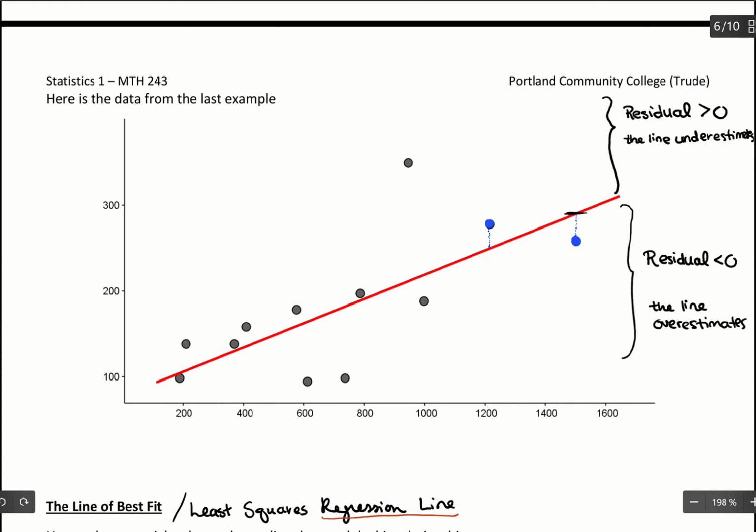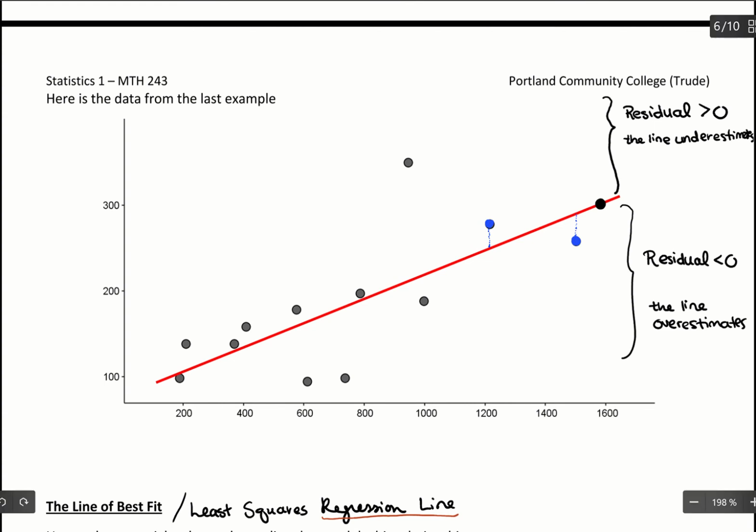Then the only other case for residual is if it's equal to 0. And that would come through like in a case kind of like down here. Even more so, it should be exactly on the line. So if we had a dot exactly on the line there, if we took this difference between what was observed and expected, then they're going to be the same.